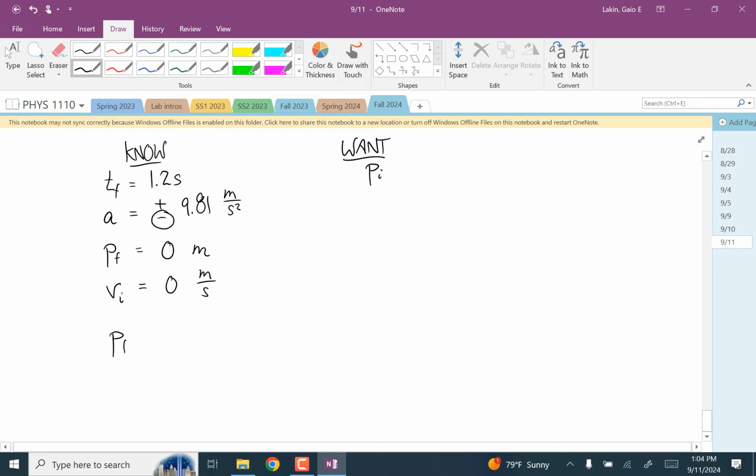So the one that's going to work is PF is equal to PI plus VI TF plus 1/2 A TF squared. And let's just go through and make sure it's going to work. So it does have PI in it. That's a good start. And then PF we know, VI we know, TF we know, and A we know. So yeah, this one's going to work.